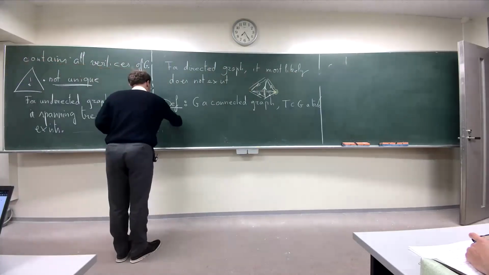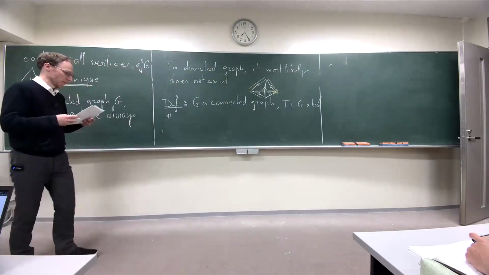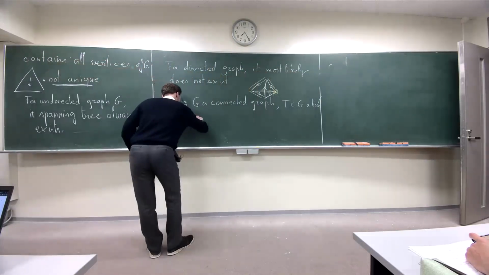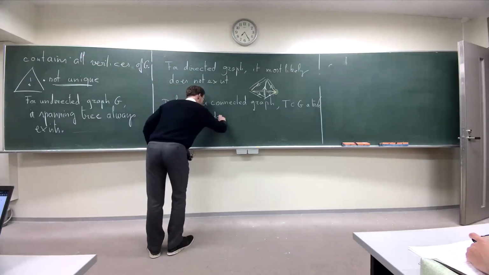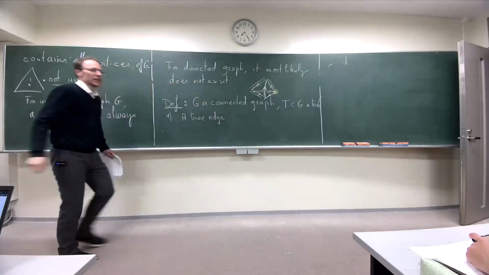So what are the different notions? A tree edge, this is quite natural. What is a tree edge? It's an edge which is in the tree.